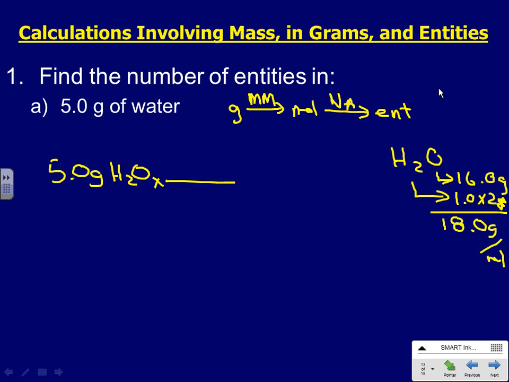I can only convert into moles. Somebody tell me where I'm going to put things on this chart. Where are things going to go? Tyler, where are things going to go here? Yep. Yep. Now, that would leave me with moles. But I don't want moles. I want entities.